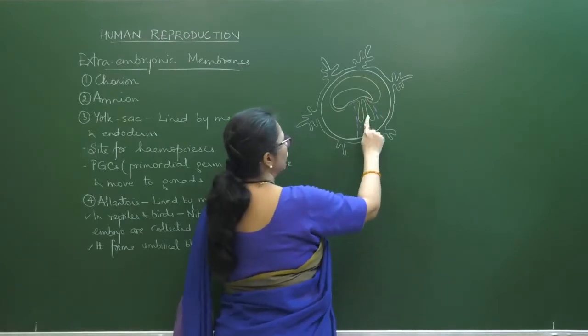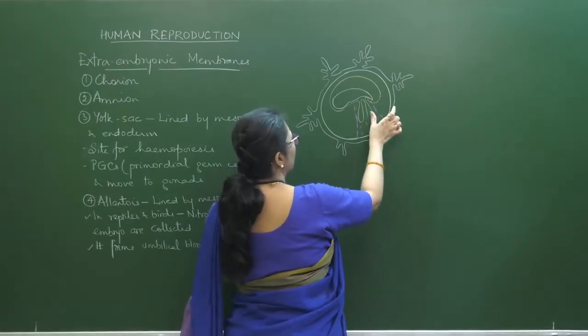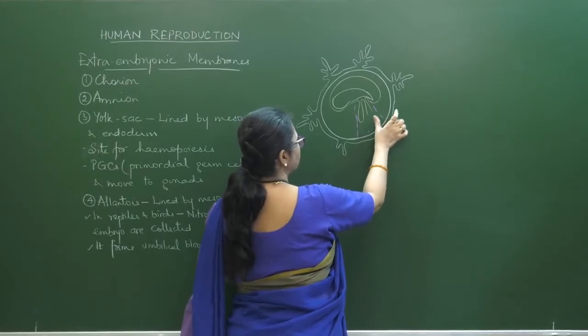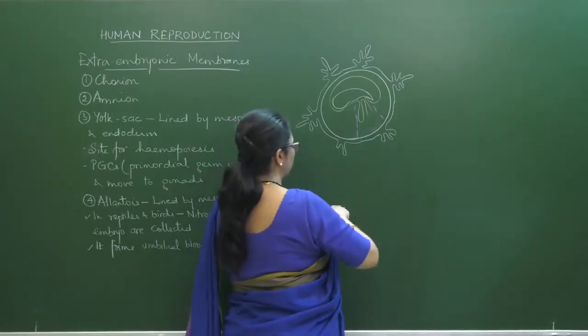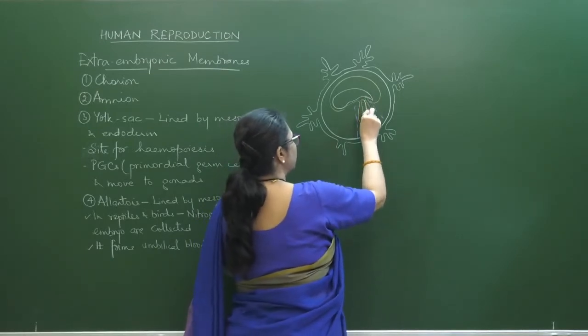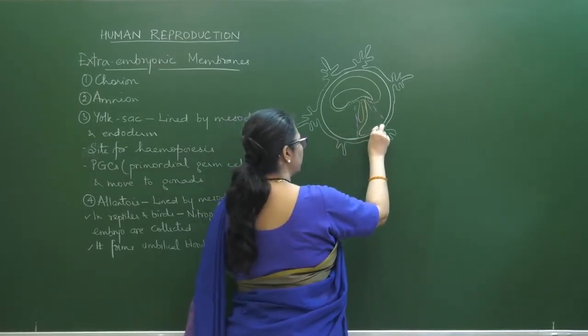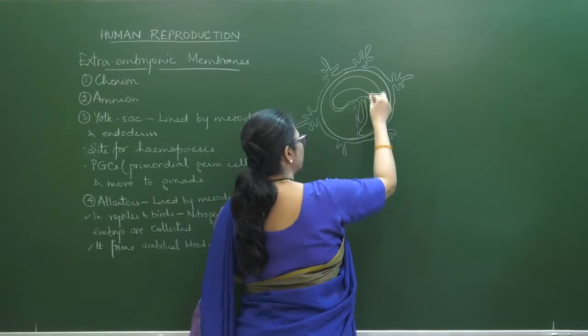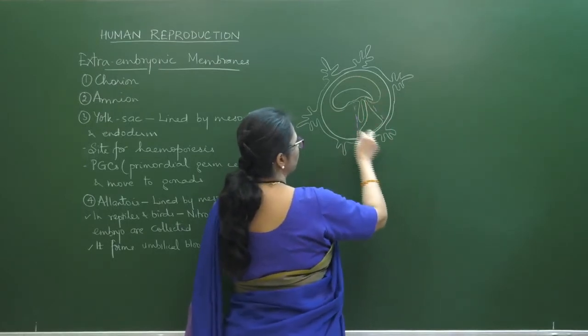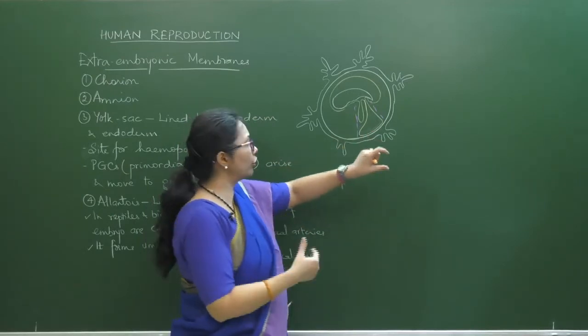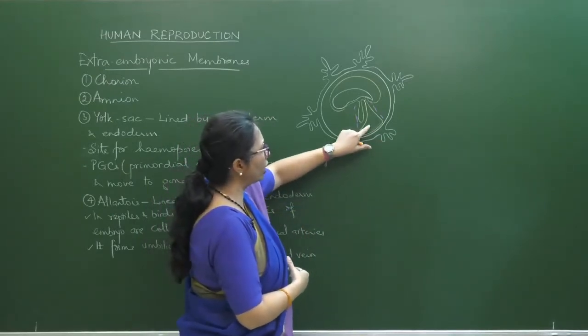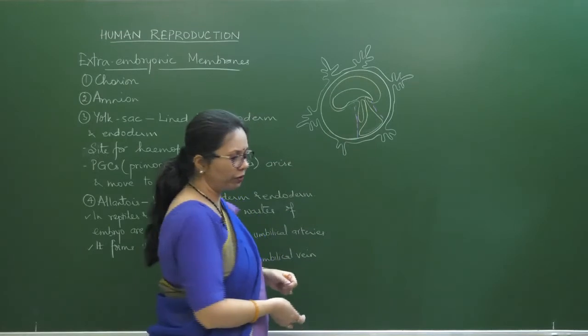This is basically extraembryonic mesoderm. Here you see allantois, because later I will be telling you about placenta, so let me make it like this. It is joining with the chorion here, and that's why we use the term chorioallantoic placenta, because chorion and allantois together are going to form the placenta.